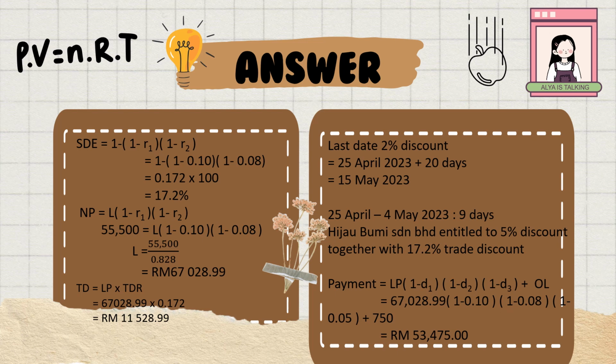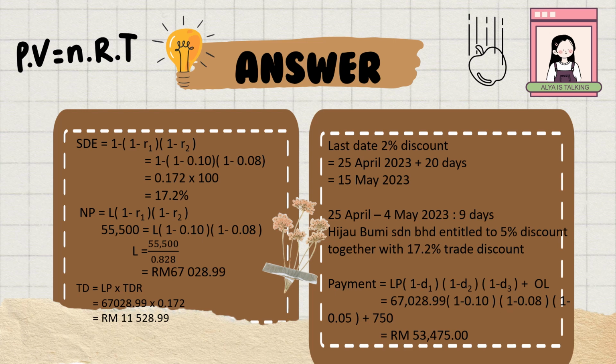So 1 minus 1 minus 0.10 times 1 minus 0.08, and the answer is 0.172, but we have to multiply with 100. So the final answer is 17.2%.